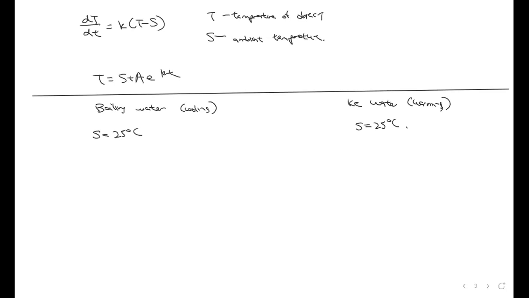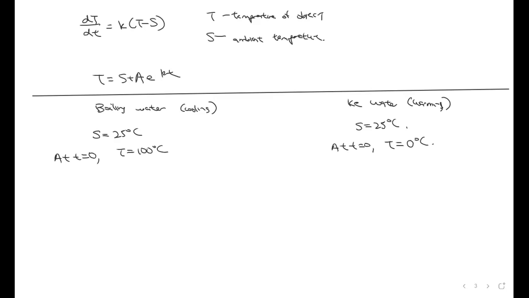Now, at t equals 0, it's boiling, so your capital T equals 100. You really should get into the habit, whenever you're doing these questions, of reading the question and getting out all the information you've got. So at t equals 0 here, it was ice water at 0 degrees Celsius, so capital T equals 0 degrees Celsius.